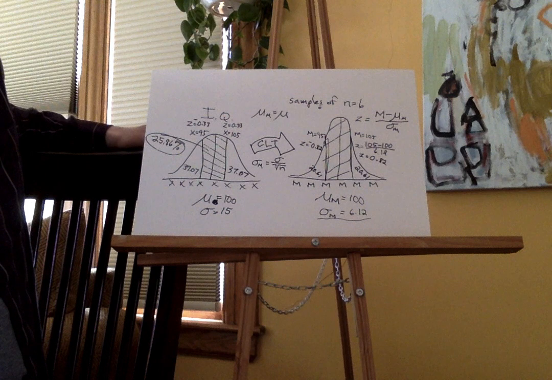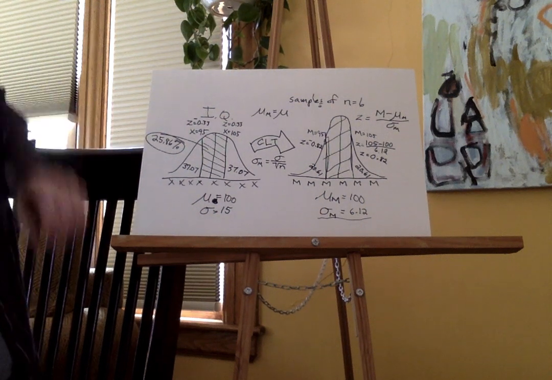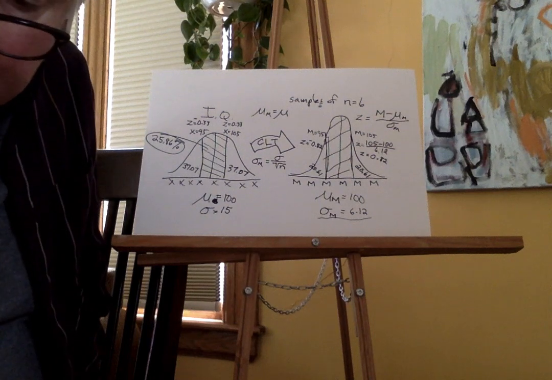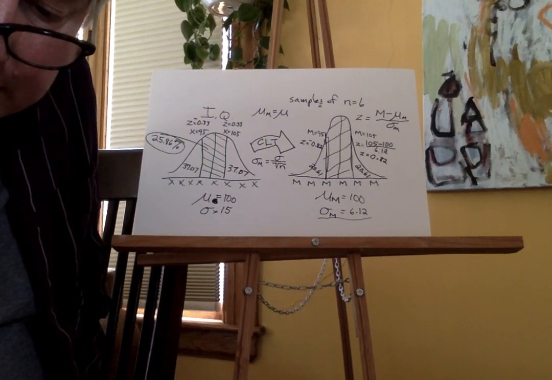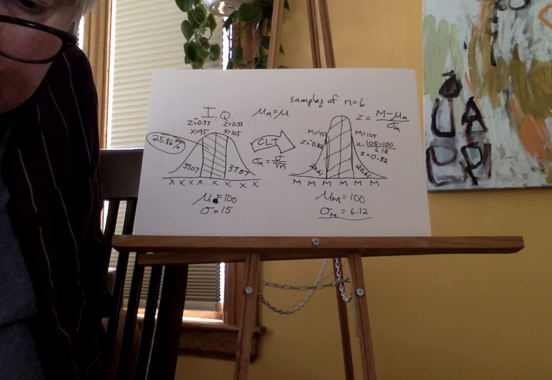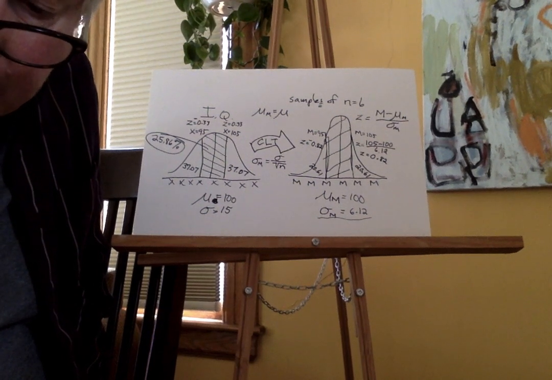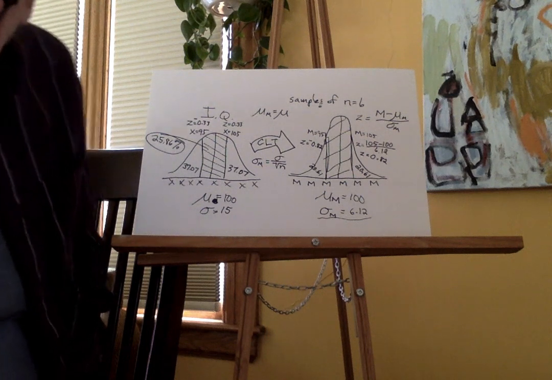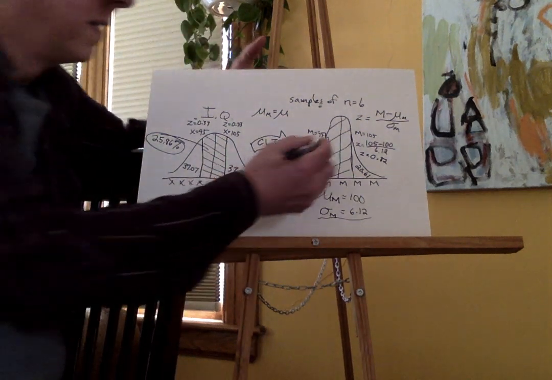Okay. Now I'm going to take my entire graph. I'm going to cut off 20.61 and another 20.61. 58.78.